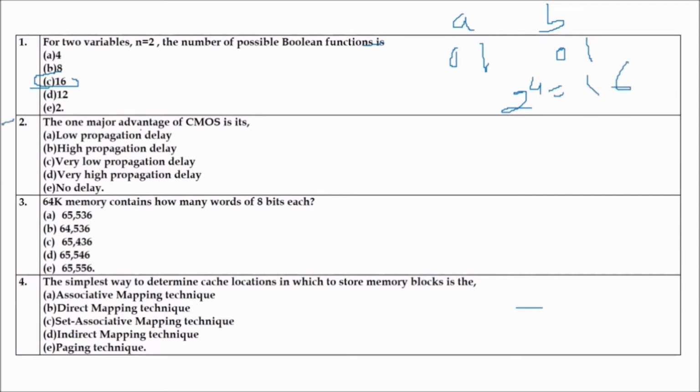Next is the major advantage of CMOS. These are the options for you. You have to give me one major advantage of CMOS. What is the answer? The answer is A, low propagation delay. This means that it is not practical for use in systems requiring high speed operations.